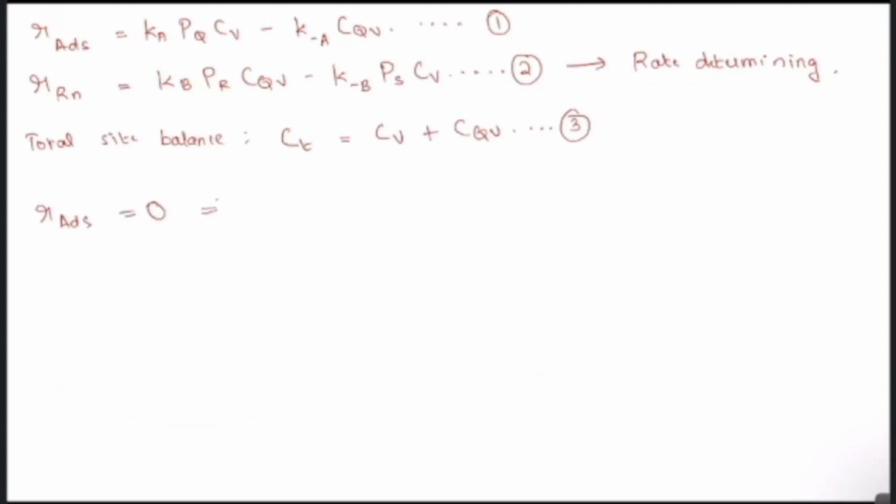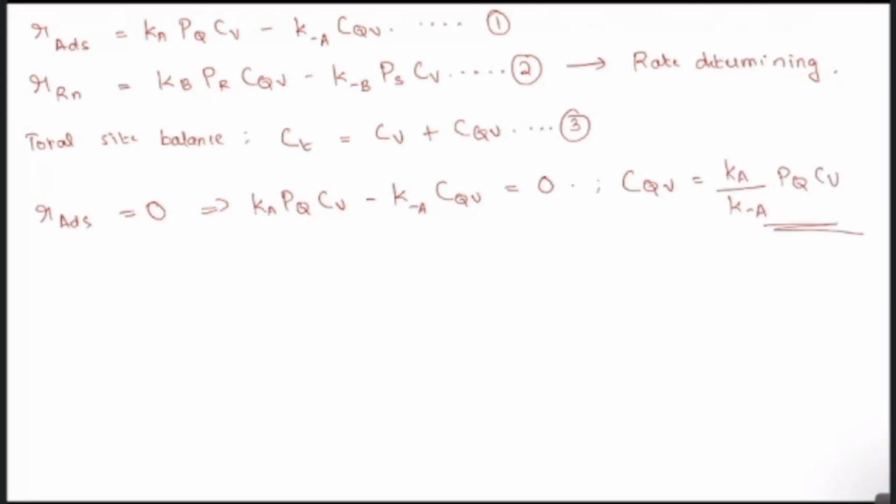So that means Ka PQ CV minus K minus A CQV is equal to 0. From this we can write CQV is equal to Ka by K minus A PQ into CV.